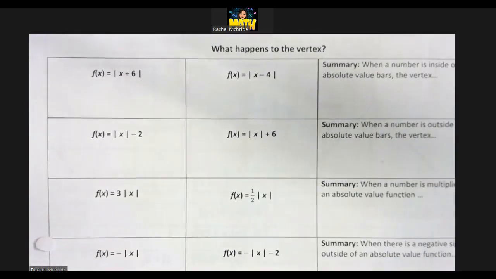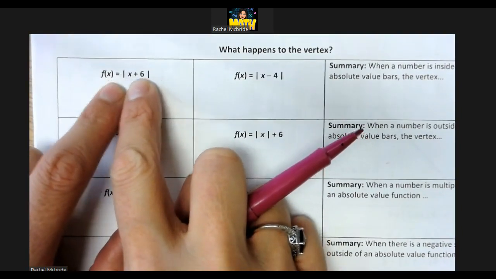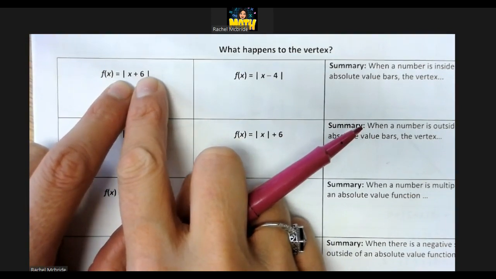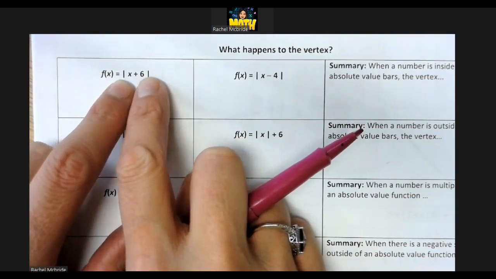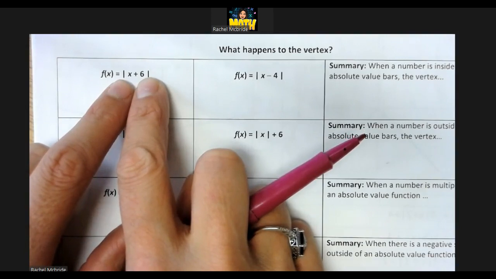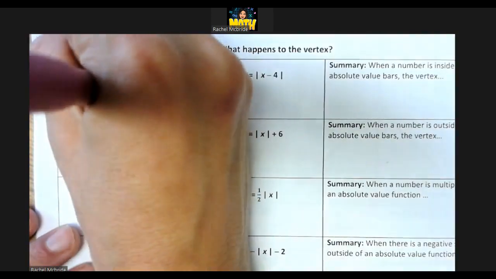All right, what happens to the vertex in this example here? So it's f(x) = |x + 6|. What happens to my vertex if it's a plus 6 inside? What direction are we going? How many?